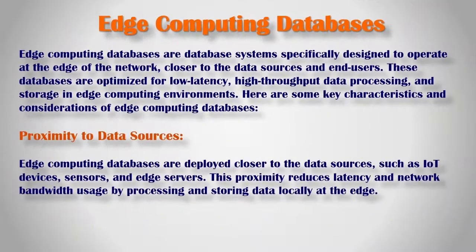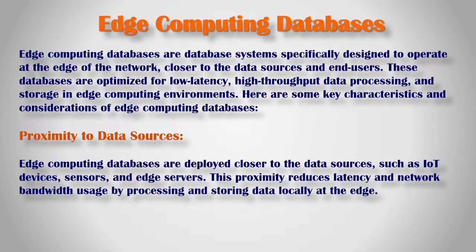Edge computing databases are database systems specifically designed to operate at the edge of the network, closer to the data sources and end users. These databases are optimized for low latency, high throughput data processing, and storage in edge computing environments. Here are some key features and considerations of edge computing databases.